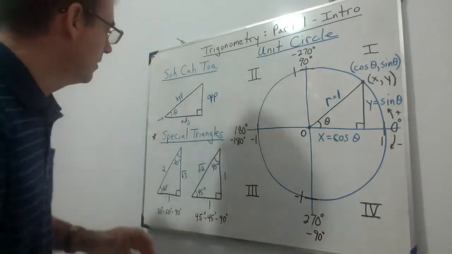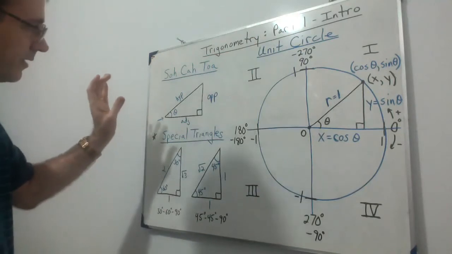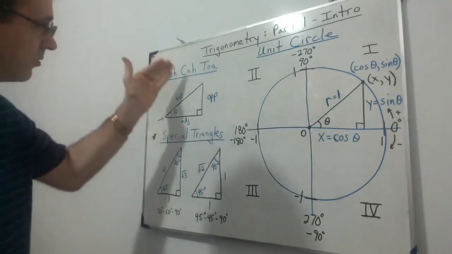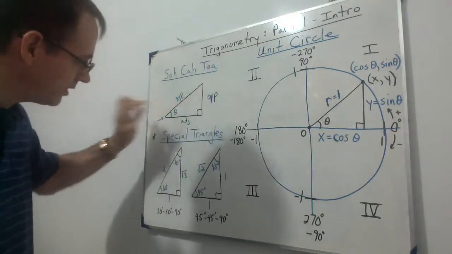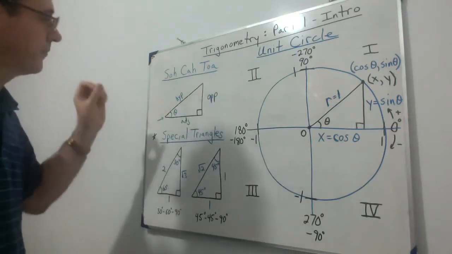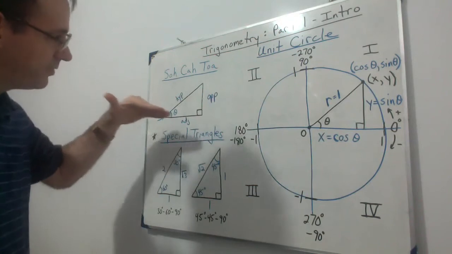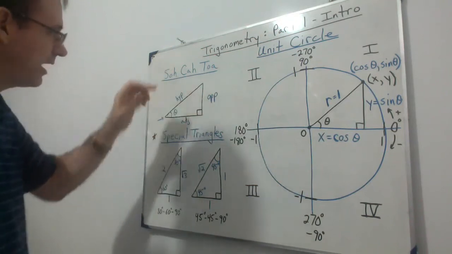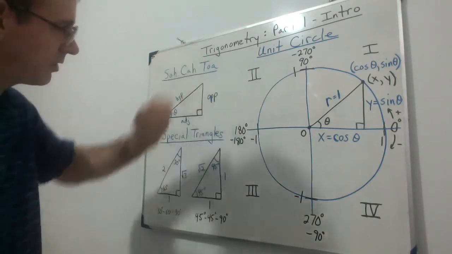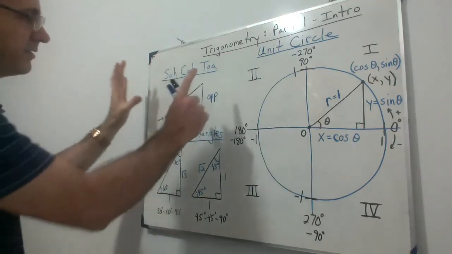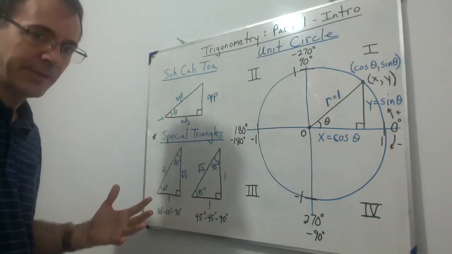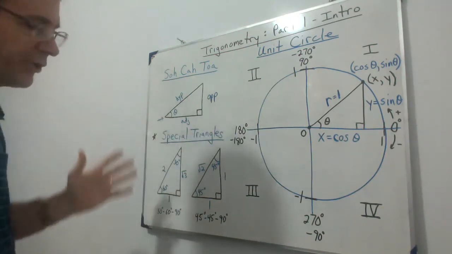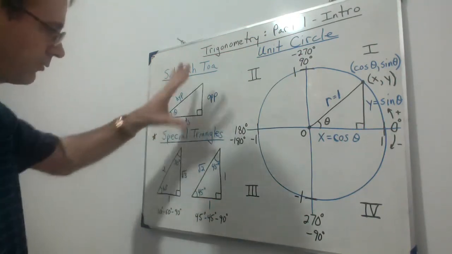So Soh Cah Toa, the basics: sine, cosine, tangent, those three trig functions are always taken of an angle, and then you have your relationship of opposite over hypotenuse, adjacent over hypotenuse, or opposite over adjacent. This is the beginning of your trigonometric journey that we review.